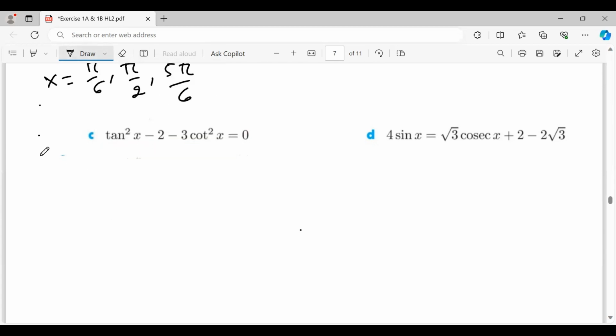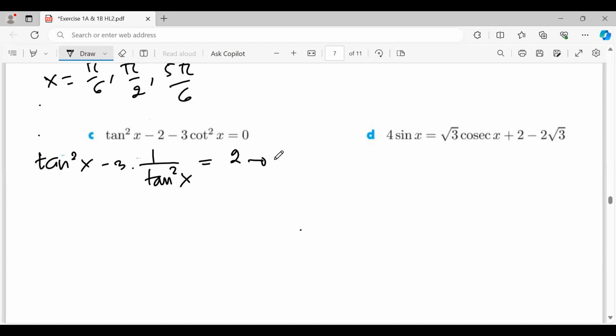Right. So this equation will be tangent squared x minus 3 times 1 over tangent squared x equals 2.